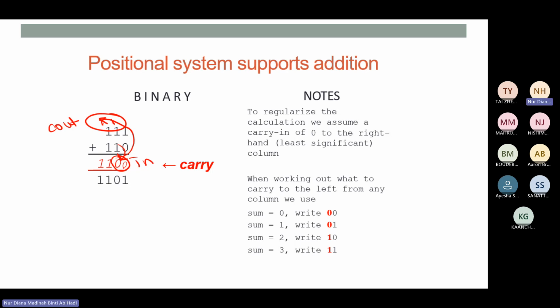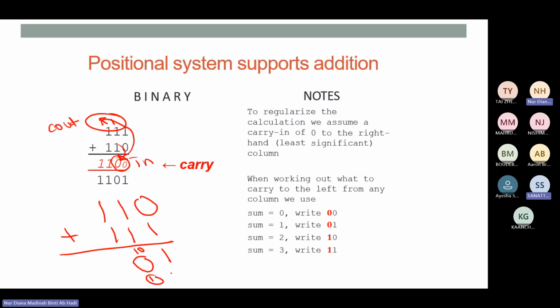Understand, Sanat? What's carrying it out again? Can you explain? Okay, for example, 110 plus 111. Correct? Yeah. So, 0 plus 1, we will get 1. 1 plus 1, we should get 10. Am I right? Yes. But we can only bring down our 0 here and put a 1 here.